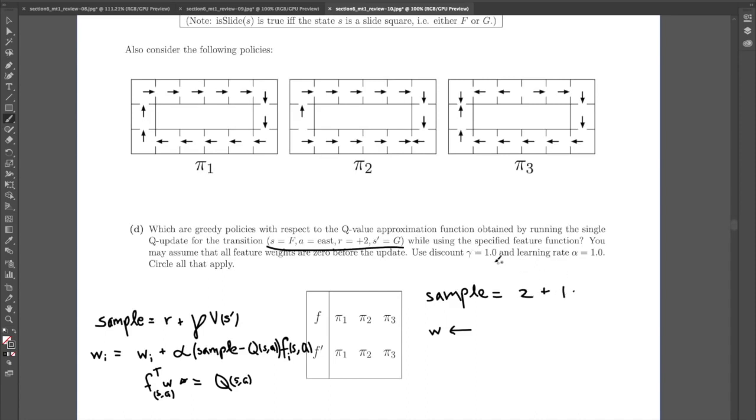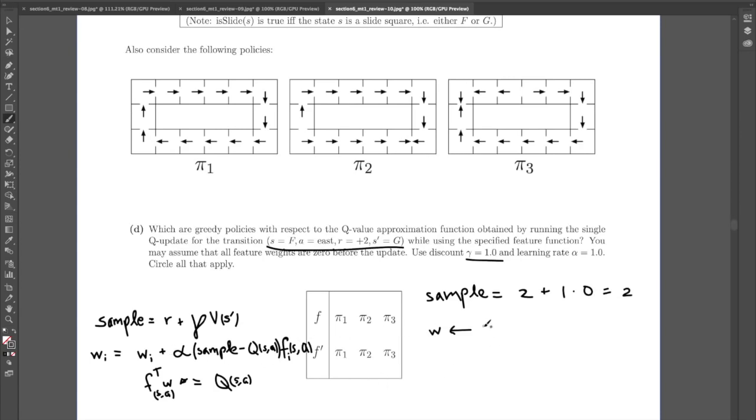Gamma is 1. That's what it says over here. And V of S prime in this case is G, and this is the first transition which has happened, which means that all of the other Q values are currently equal to 0. So this is equal to 0 and the sample value is 2.